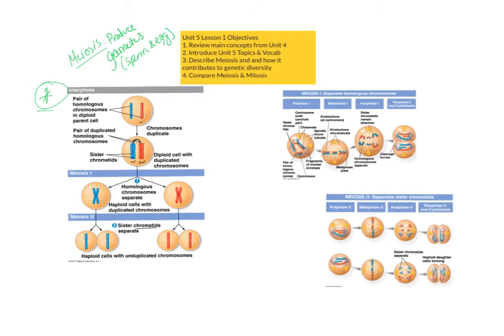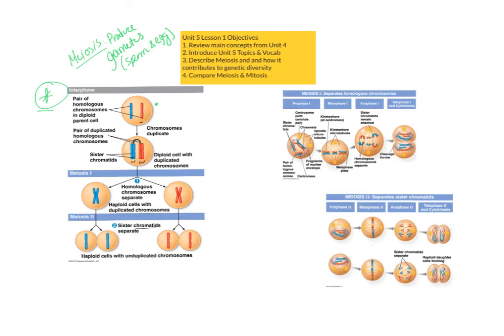Now, looking at this diagram, right, we start with, at the beginning, a pair of homologous chromosomes. Now, in reality, remember that we've got 23 pairs of chromosomes, but just for the sake of this diagram, they only show one pair of the chromosomes.